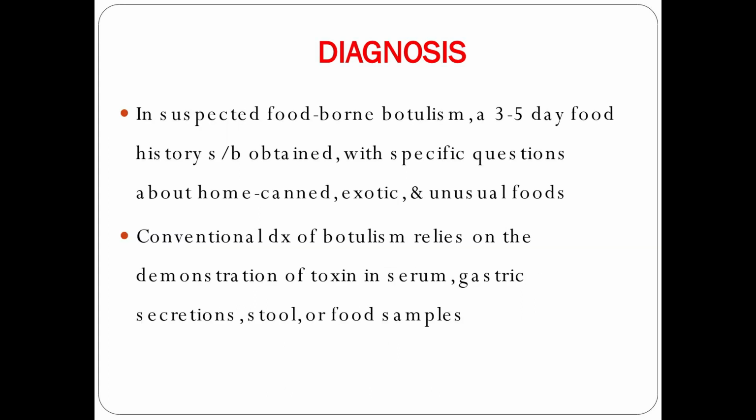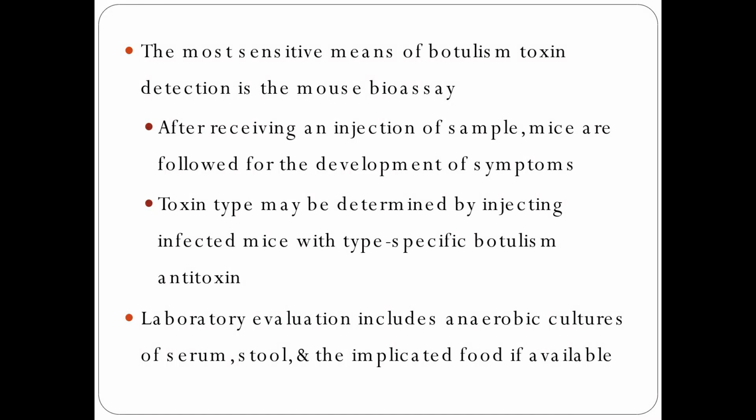Now, coming to the diagnosis, the food history from the past 3 to 5 days of the patient should be taken. The serum, gastric secretions, stool, and food samples should also be collected for the demonstration of toxin. The most sensitive means of toxin detection for this bacteria is the mouse bioassay.